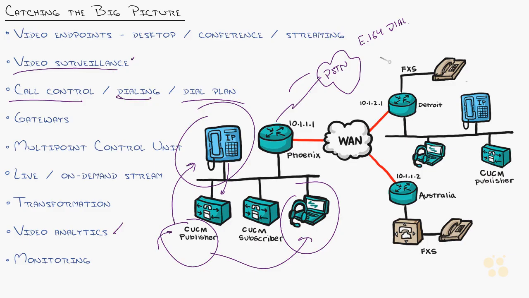When you pick up your phone, I'm in the United States, I pick up and I dial area code 480-555-1212. That number has to adhere to a standard. I can't just make up random numbers or have different lengths of numbers. There's a standard. That's E.164. The worldwide standard for phone numbers is the best way to think of it.